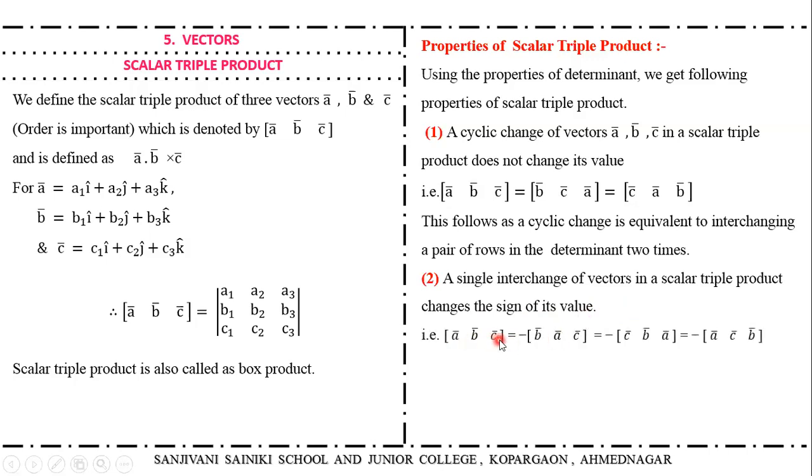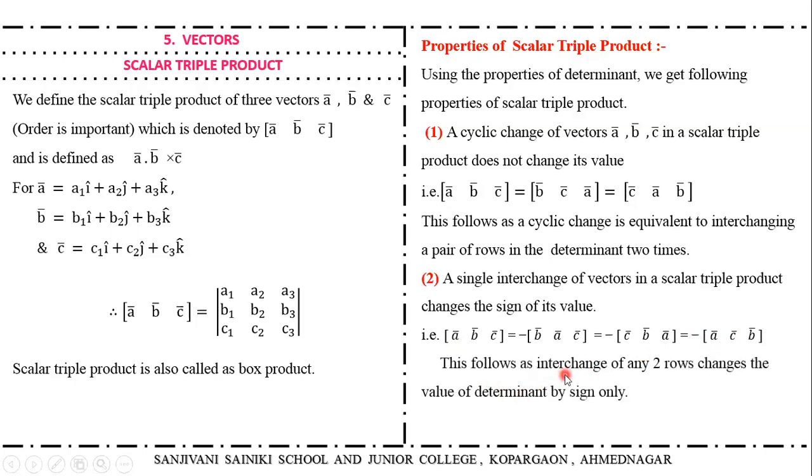Here we are interchanging a bar and b bar, keeping c bar as it is, so the value changes by a minus sign. Again, if we interchange a bar and c bar keeping b bar as it is, we also get the minus. And if we interchange b bar and c bar keeping a bar as it is, the value again changes by its sign. Again, this follows from the interchange of two rows in the determinant.